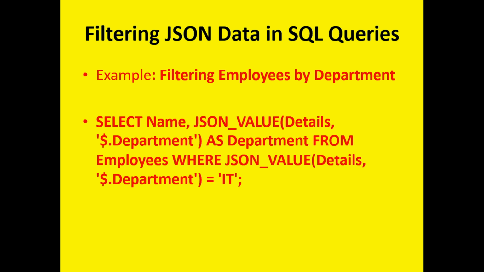What if I just want to see the data of the employees for the HR department or for the IT department? How are you going to fetch that? Using filtering employees by department: select name, JSON_VALUE, where the first is your details column, that is your expression, and the path dollar dot department as department from employees where JSON_VALUE, expression and path, is equal to IT.